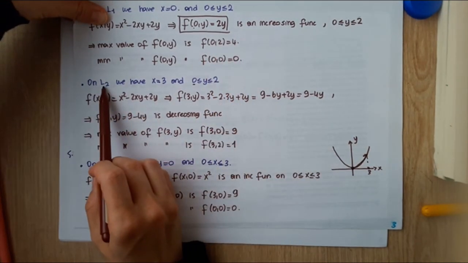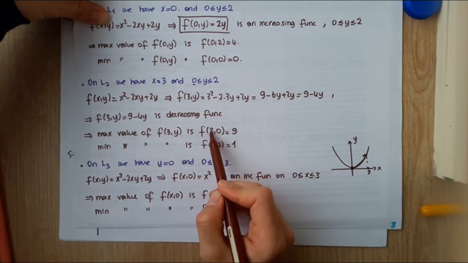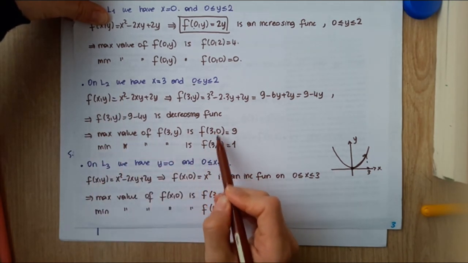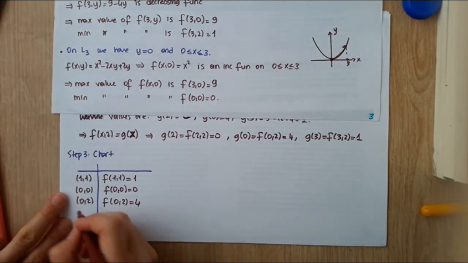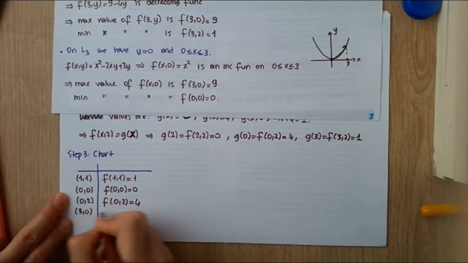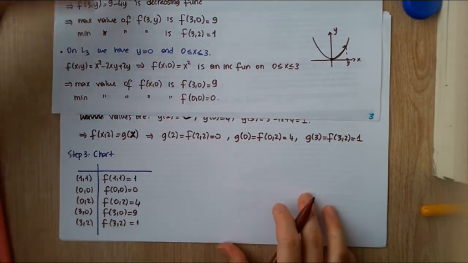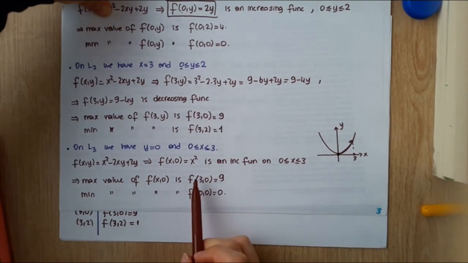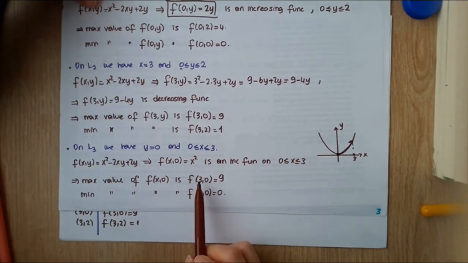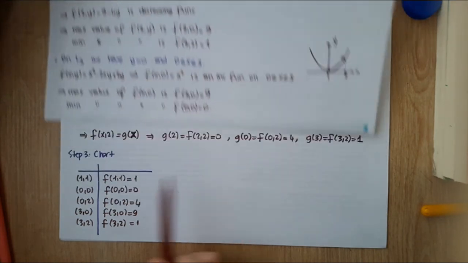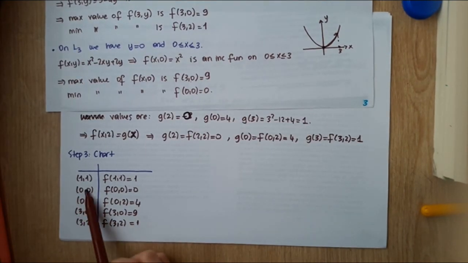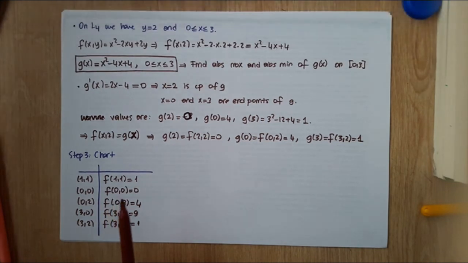And on L2 here, I have the points 3, 0 and 3, 2. So I will write it here, 3, 0, f of 3, 0 is 9, and 3, 2, and f of 3, 2 is 1. And on the third boundary, I have 3, 0 and 0, 0, which are already here, so there is no need to write them.